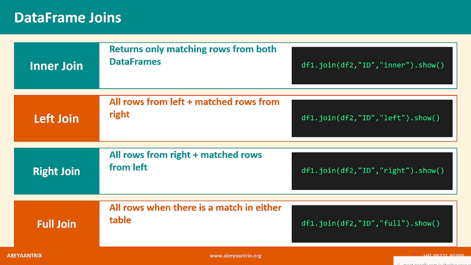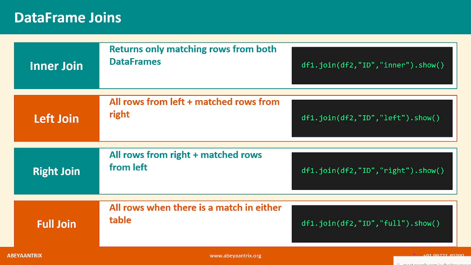So how are we going to perform the inner join? df1.join, inside the parenthesis you give df2. df1 you are joining with df2 based on what columns? id is the column. And what is the type of join you are giving? That you have to specify here: inner.